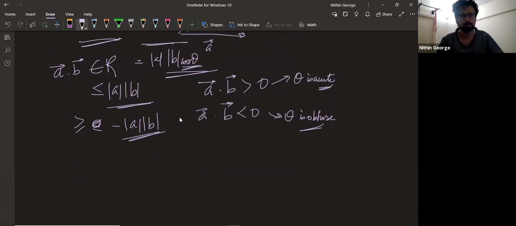All right. So two vectors are given. How do you find the angle theta between them? We have mod A, mod B, cos theta.